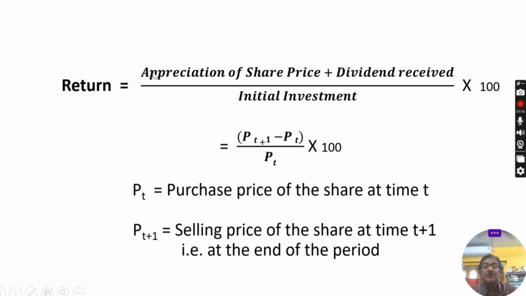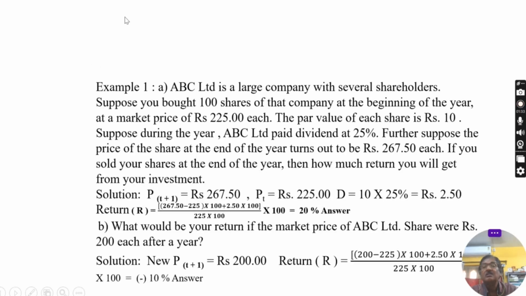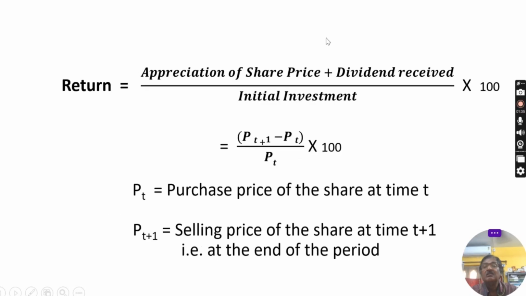there are two types of returns. One is due to appreciation of the share price, that is, due to increase in the value or price of the share, and second is dividend received during the period.